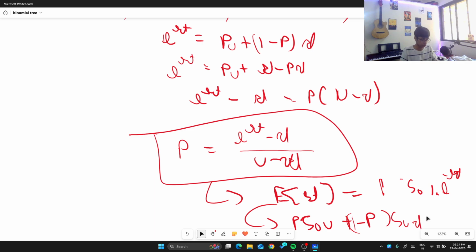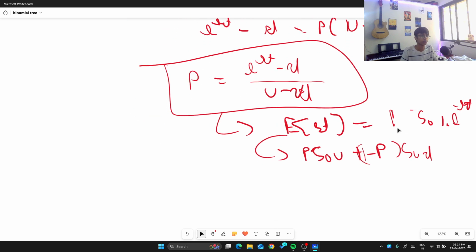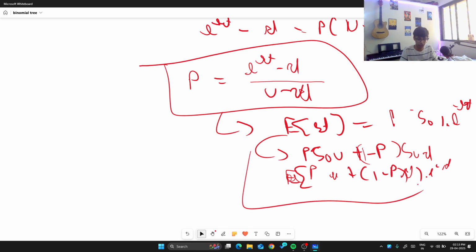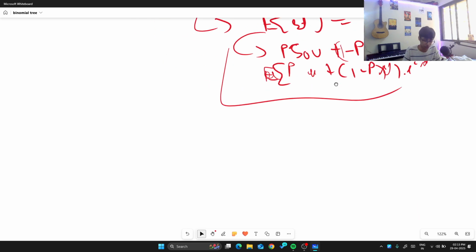And that can also be written as the expectation of discounting: P times FU plus 1 minus P times FD, times e^minus RT. And that's how the risk neutral pricing formula came, and it is very simple. And yeah, anything I left? One more revisit.